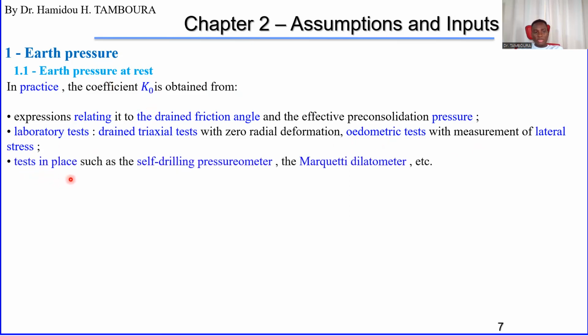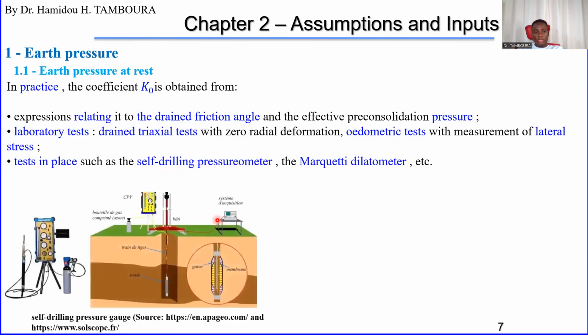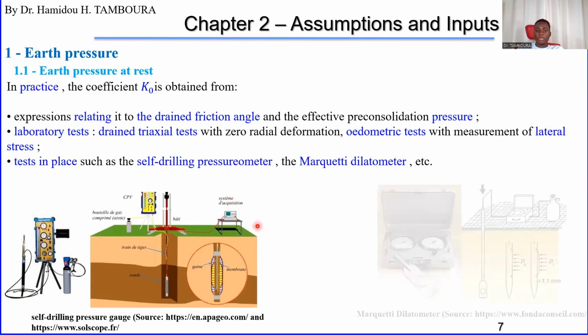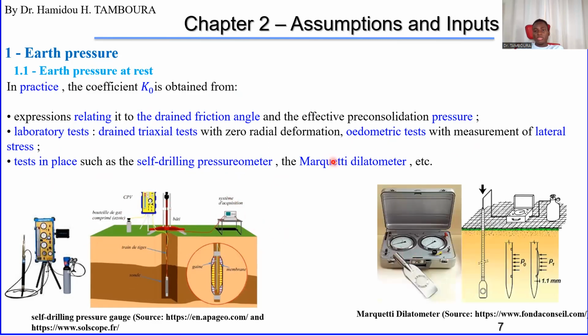And in situ tests, tests in place, like the self-boring pressuremeter, this test can give you K0. You see this pressure cell inside, you insert this in the soil, and this bottle of gas, the displacement and pressure can be obtained here in this acquisition system. Another one is the Marchetti dilatometer.